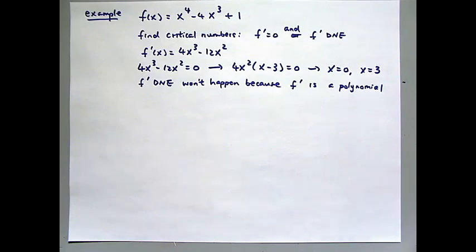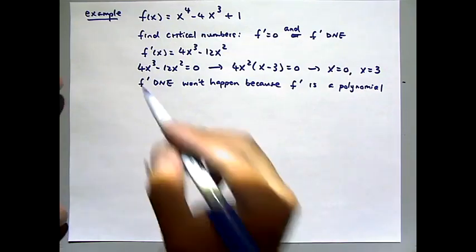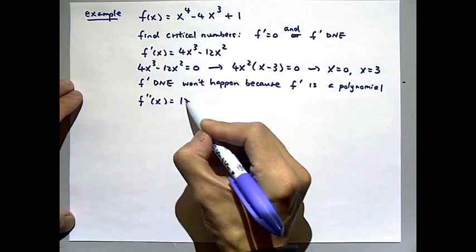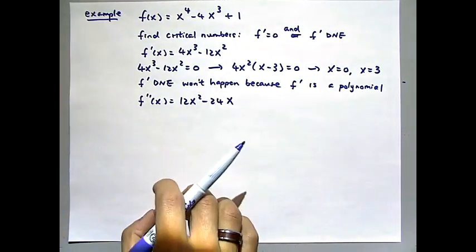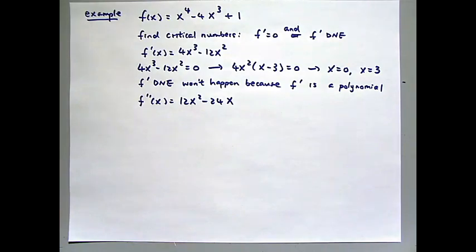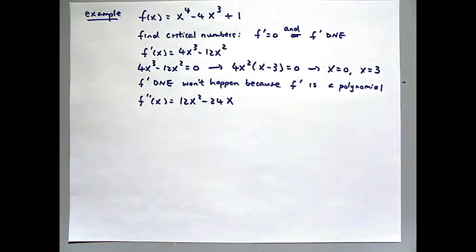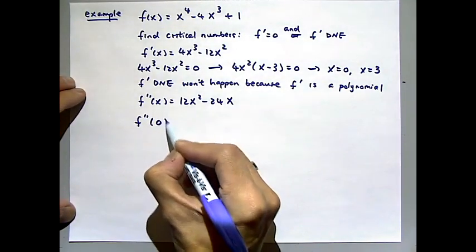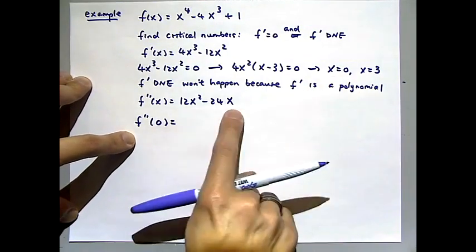Okay, now we use the second derivative at these two locations to tell us what's going on. Let's take one more derivative. We plug these two into f double prime one at a time to see what's going on. At 0, f double prime is 0.